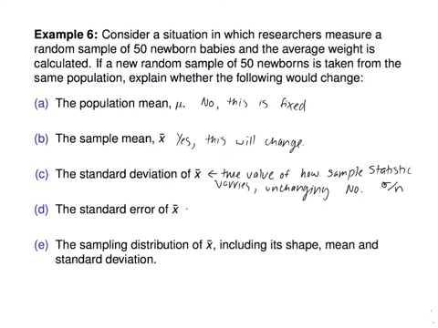The standard error, this is the estimate of the thing in part C. And you find that in this case using s over root n. So standard error refers to an estimate of the standard deviation of X bar. And because this formula uses a sample estimate, it would be changing because the sample is changing.